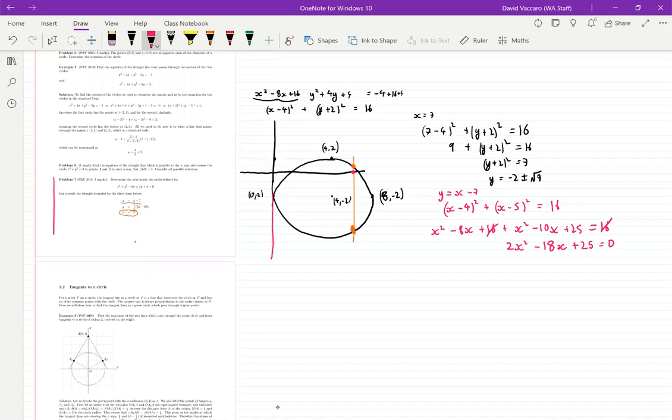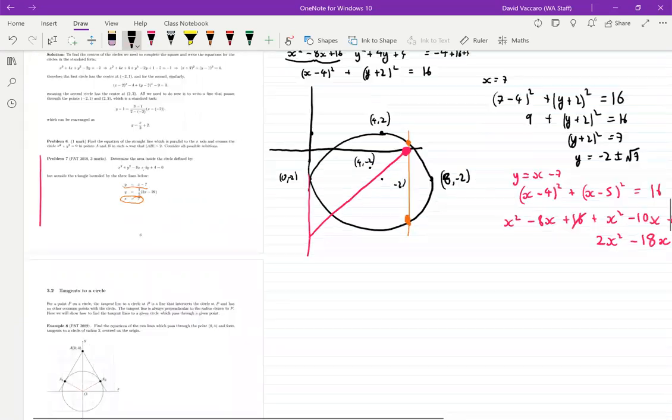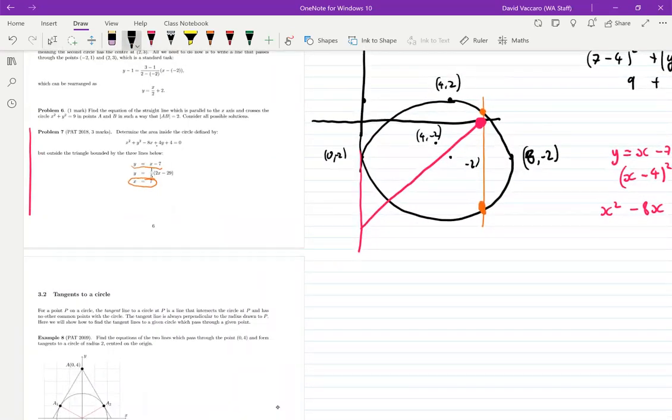So we've got, and when x equals 4, that line is -3, so the center is up here, 4, -2. And then we've got the third line.